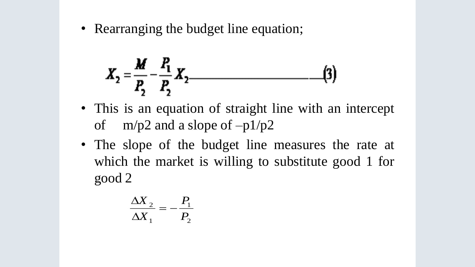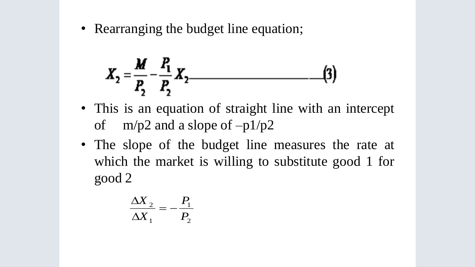Now, the slope of the budget line simply measures the rate at which the market is willing to substitute good 1 for good 2. So the slope of the budget line is what we refer to as the opportunity cost.